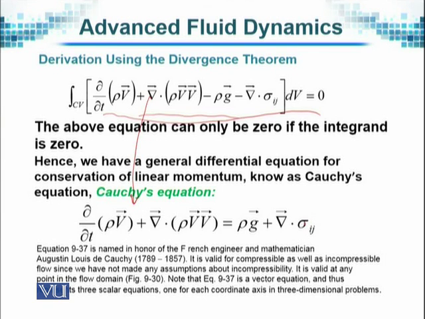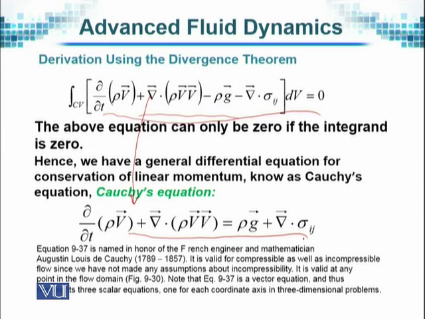The French mathematician Augustin Louis de Cauchy first arrived at this result, and therefore after his name this equation is called Cauchy's equation. This plays an important role in the derivation of the Navier-Stokes equation and the momentum equation, and therefore it is so important.